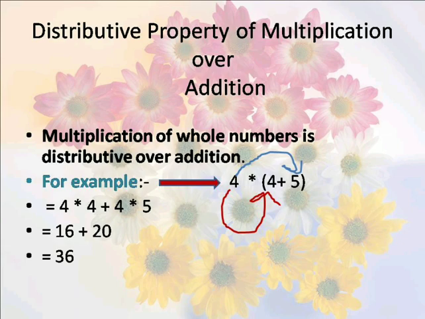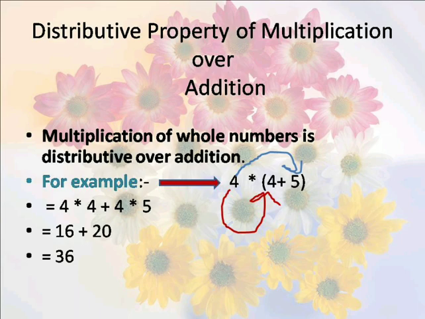So can you see the arrows? I have put some arrows also. So 4 which is outside will be multiplied with inside 4 first, plus 4 which is outside will be multiplied with 5 also. So 4 multiplied by 4 plus 4 multiplied by 5.